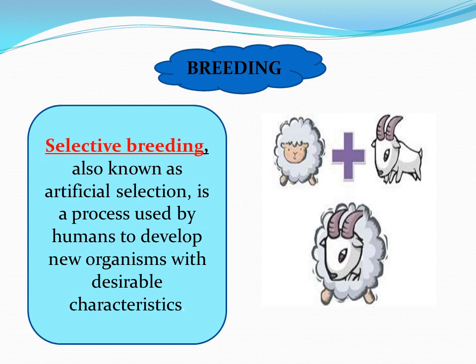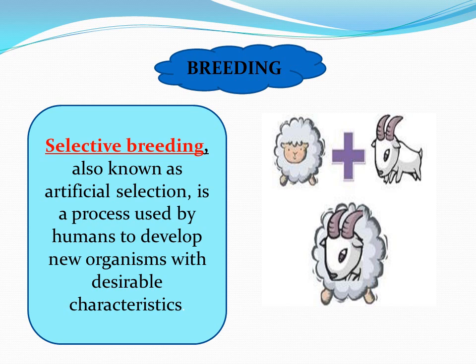Now, look at this picture. In this picture, the sheep 1 contains a lot of wool, a lot of hairs on their skin, whereas the sheep 2 does not contain any wool. So, in selective breeding, we will select these two sheeps and then we will produce a sheep which contains both the characters.